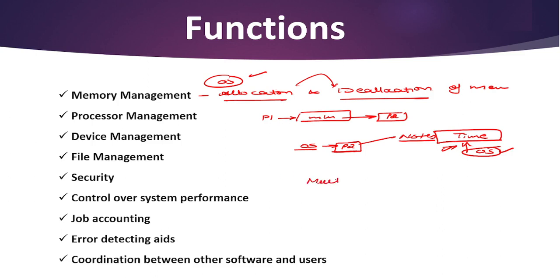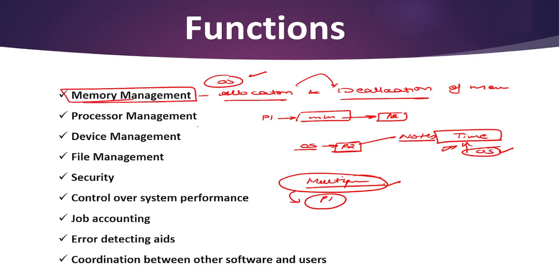So in an operating system, we can always make use of multiprocessing. How to distribute memory and how much memory one processor needs, all these things are taken care of by the operating system. That's why we always need memory management.